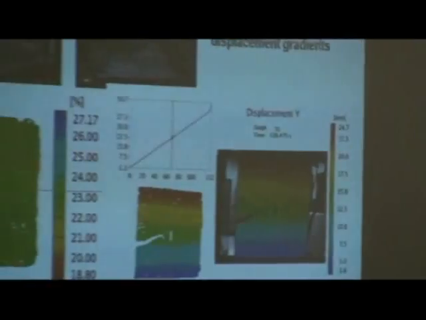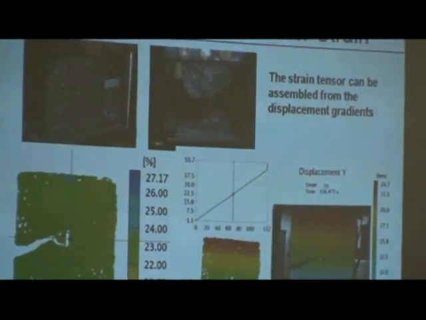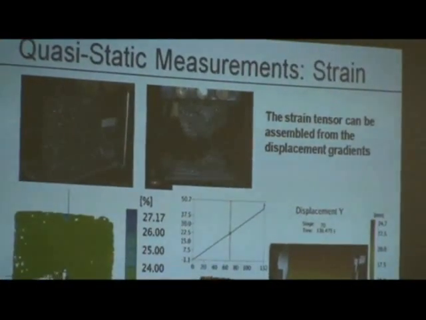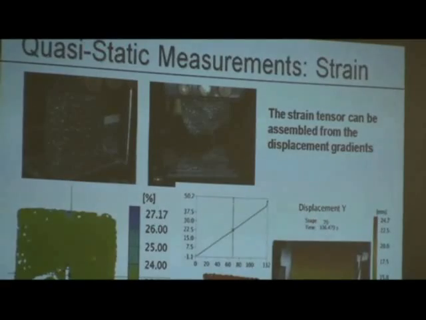So this is an example. This is a parachute fabric, and what we've done was we've patterned it. Typically when you take a measurement on a structure, you apply a little strain gauge on it, and you get information on that strain gauge. Strain gauges are typically about that big. So that gives you information at that point.